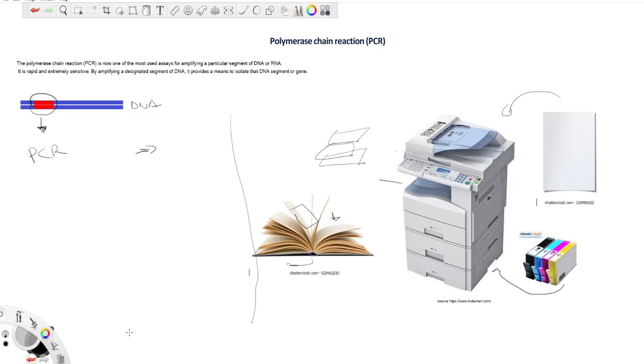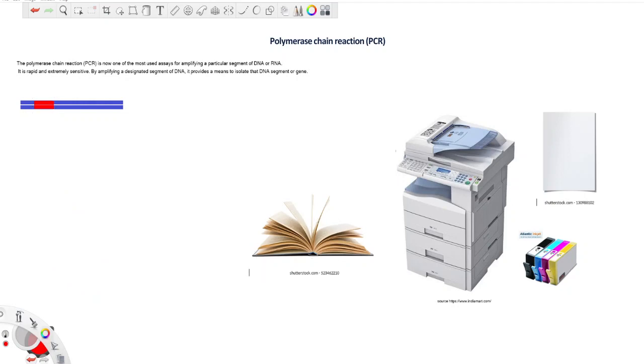We're going to submit some enzymes and some nucleotides and buffers, and at the end of it you should have something like this. Now in that reaction, multiple copies of the gene are amplified. So that is how PCR works in its simplest form.